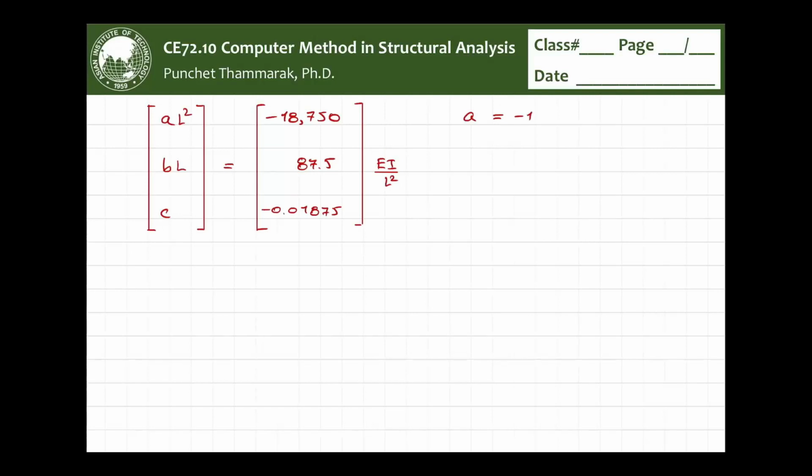So essentially your a is equal to minus 18750 EI over L to the fourth. b is equals to 87.5 EI over L cubed, right? And then the c is equals to minus 0.01875 EI over L square.